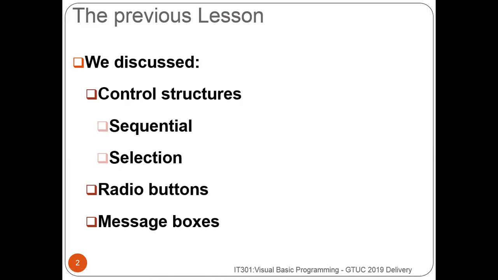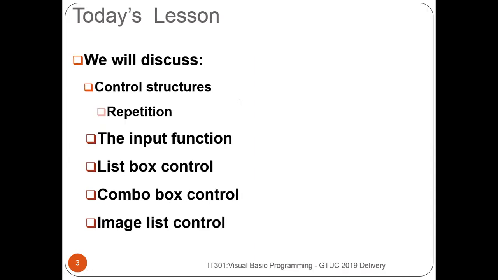Now, this week, we are going to concentrate on the repetition structures, under which we will have a look at the for loop. We'll talk about the do until or do while loops as well. Then we'll talk about certain controls, such as a continuation of discussions on list boxes. Then we'll talk about the input box function.